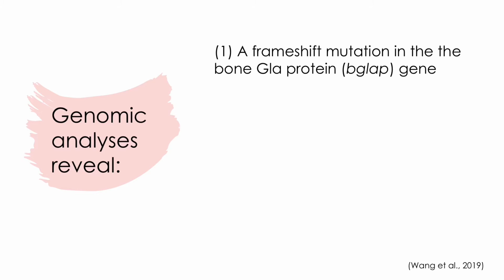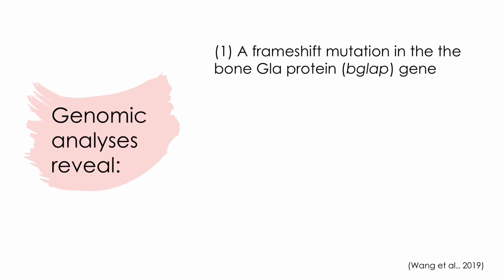The first here is that the bone GLA protein has a frameshift mutation that may cause early termination of cartilage calcification. Vertebrates living on the surface of the earth have closed skull spaces surrounded by hard bone to protect the brain and to maintain appropriate intracranial pressure. But closed skulls cannot maintain their structural integrity under the very high pressures of the Hadal environment, which makes it really necessary to have an open system.